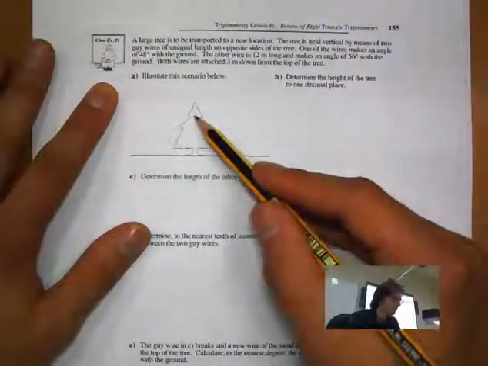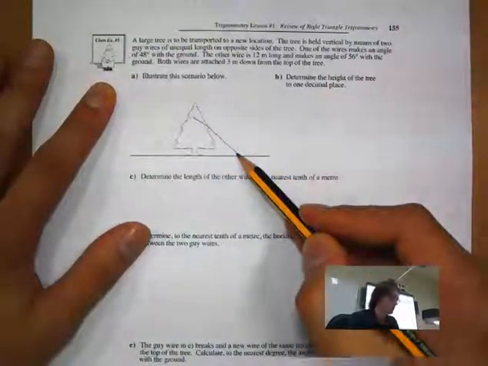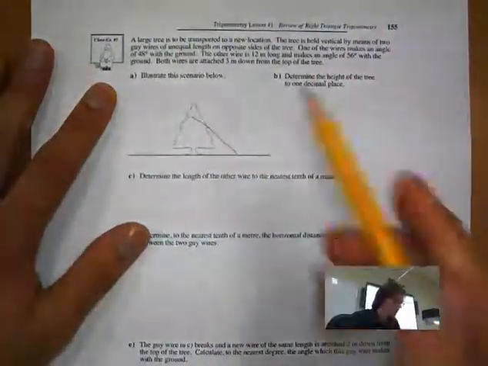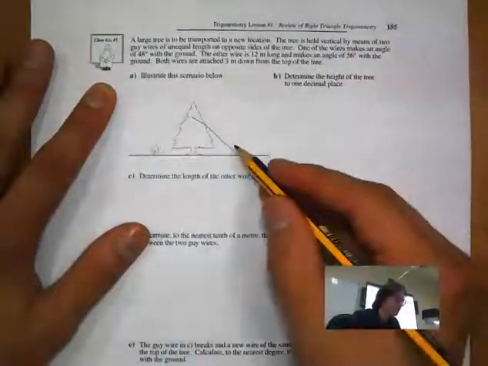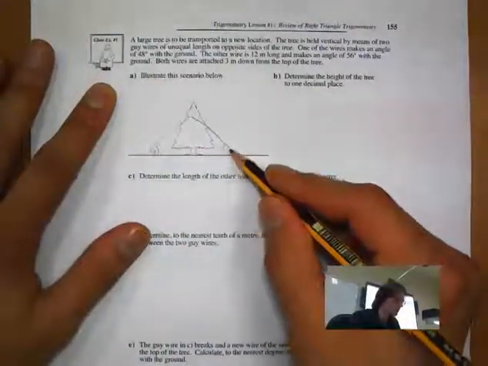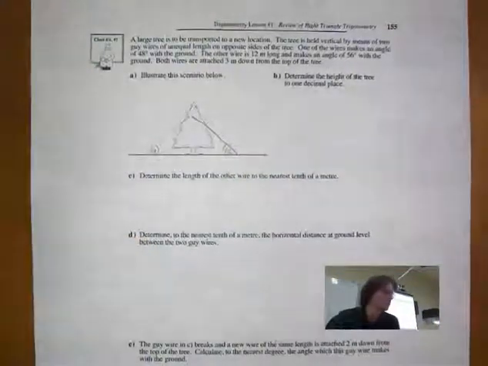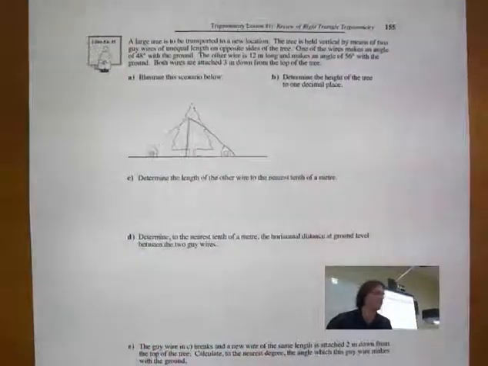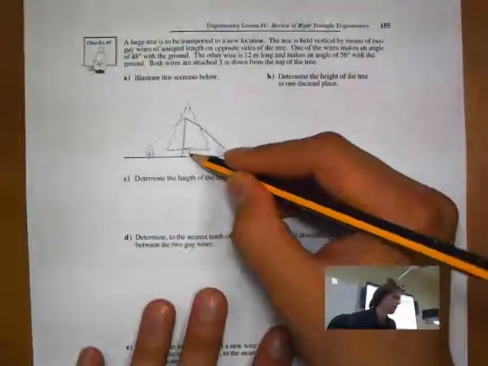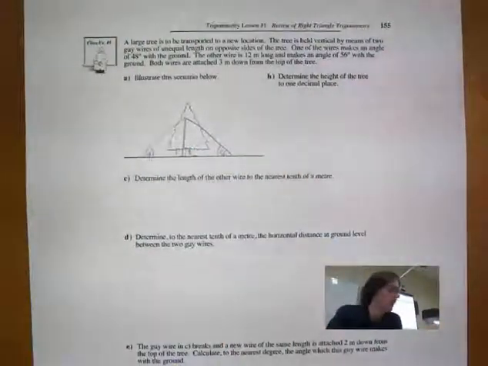So they're like this. This one's 48 degrees with the ground, and this one here is 56 degrees. So we illustrated our scenario and we have a triangle like that. Now, I'm going to assume right angle, right angle. Now, determine the height of the tree to 1 decimal place.